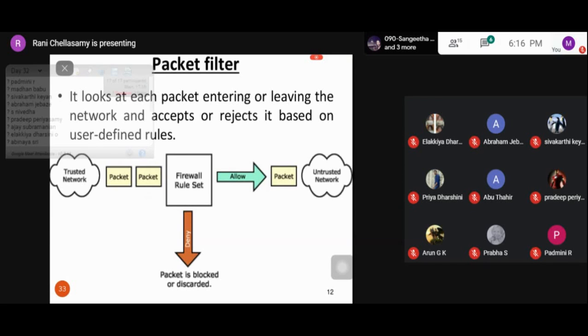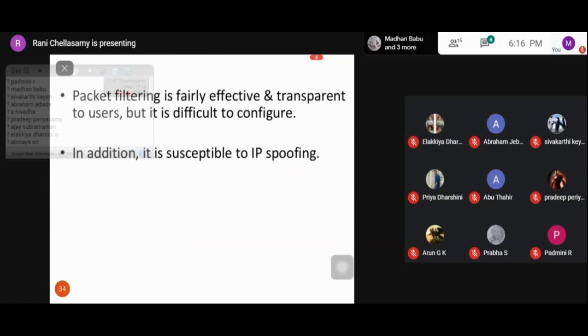Okay. So the packet filter will examine the packets entering or leaving the network, to decide whether to accept or reject them based on the user-defined rules. Okay, fine. But packet filtering is very difficult to configure. It is very effective and transparent to the users.